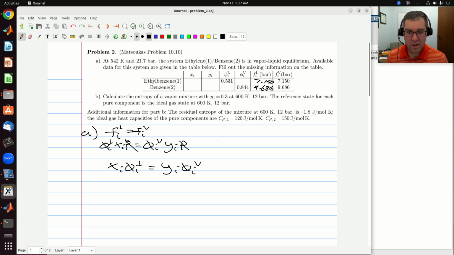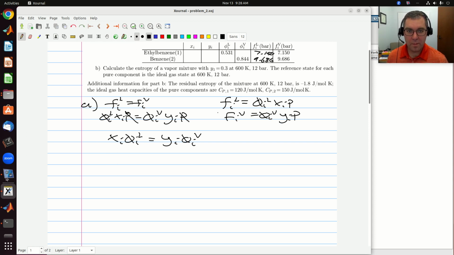Now let's see if we can move on. What I'm going to tackle next is over here. I know the fugacity of component i in the liquid, and I know the fugacity coefficient in the liquid. Expanding out my fugacity, the fugacity of component i in the liquid is equal to the fugacity coefficient of component i in the liquid times its partial pressure, and I can do the same thing for the vapor. If I know phi-L and I know f-L, can I solve for xi?